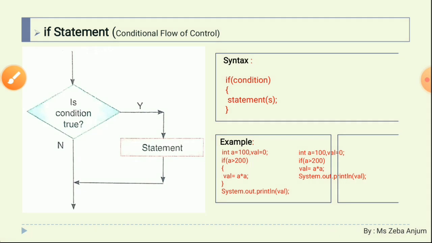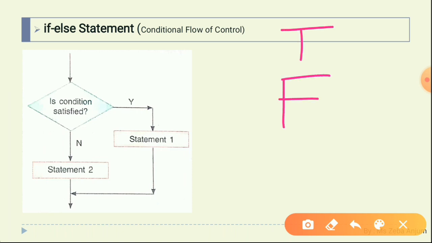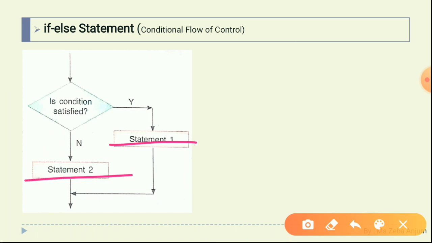Now moving forward with the if else statement, that is basically the second construct of if. Now see the flowchart first. In the if else statement, we are dealing with both the true portion as well as the false portion. In the previous one, we were only dealing with the true portion. We have two statements, statement number one and statement number two.